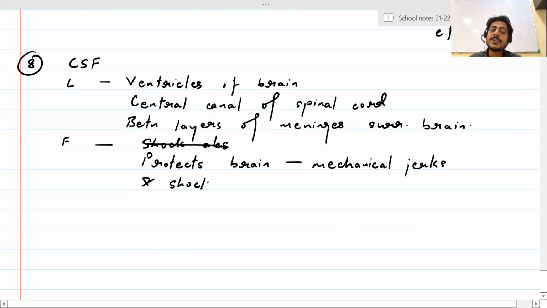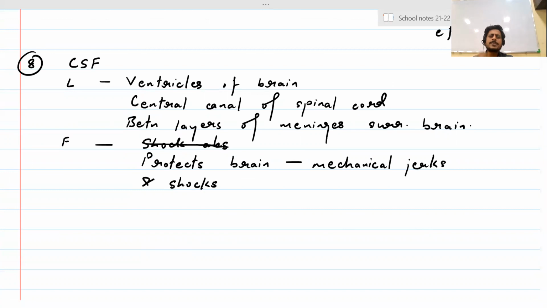It also helps in exchange of substances like nutrients and oxygen from the surface of the brain to the outside, but most preferred is this one, protecting the brain from mechanical jerks and shocks. It's easier to remember.